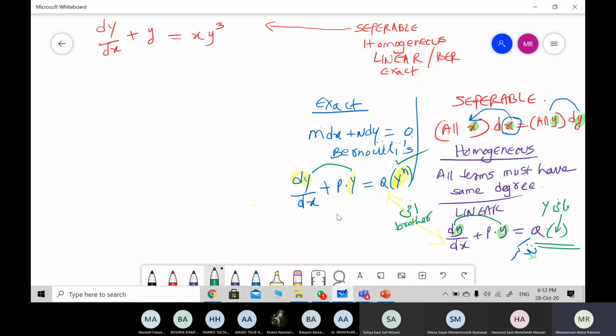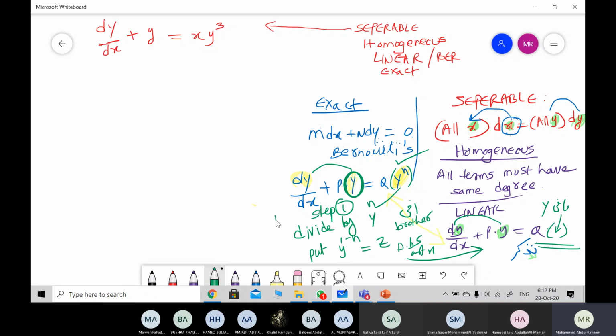Now step 1 we discussed in the last class. Step 1 is divide by y power n. Later put y to the power 1 minus n, that will be created here as z, and differentiate both sides with respect to x, then it will go to linear. First of all it is Bernoulli, but after applying step 1 and step 2 it will become what? Linear.